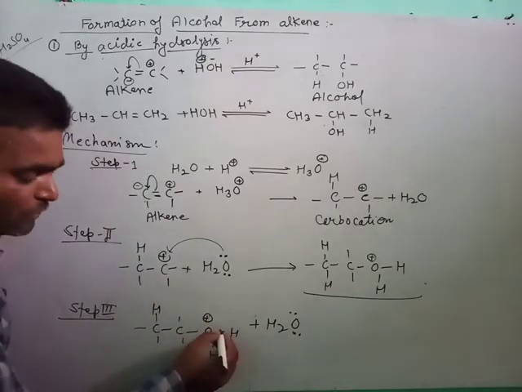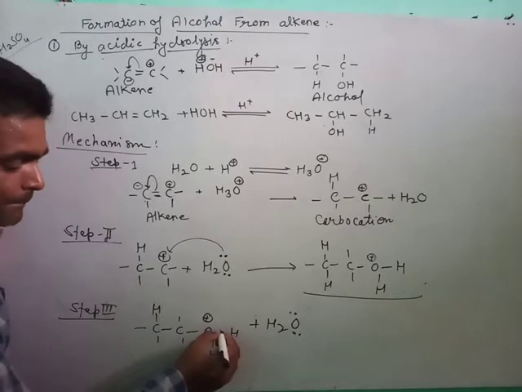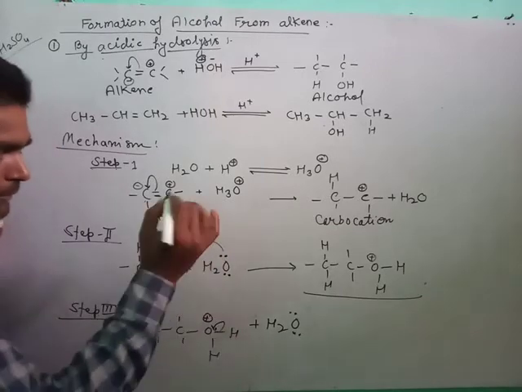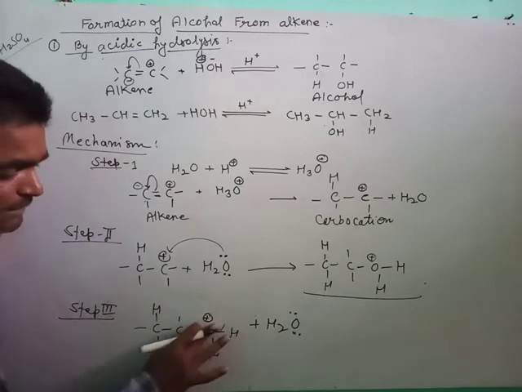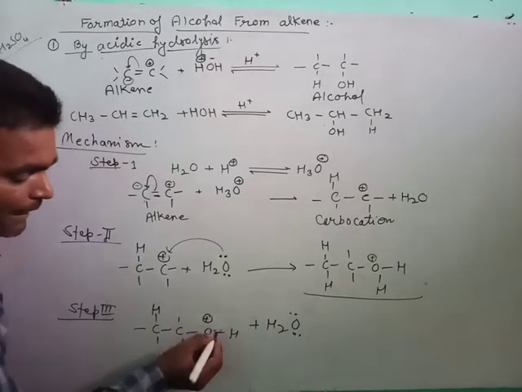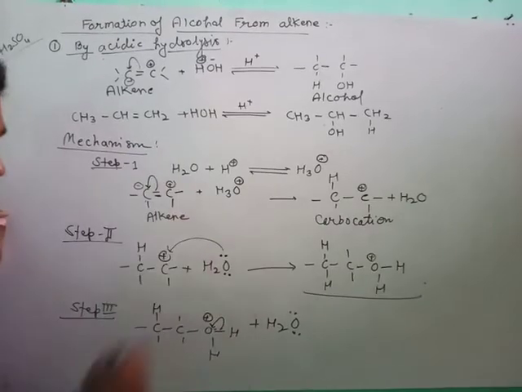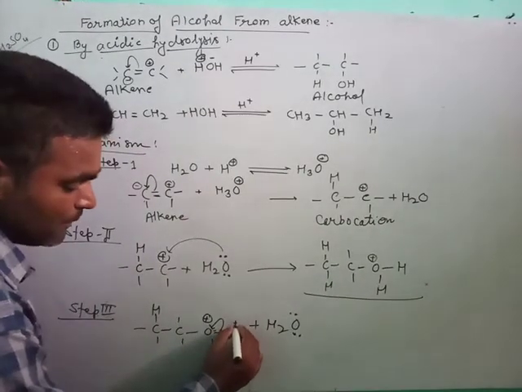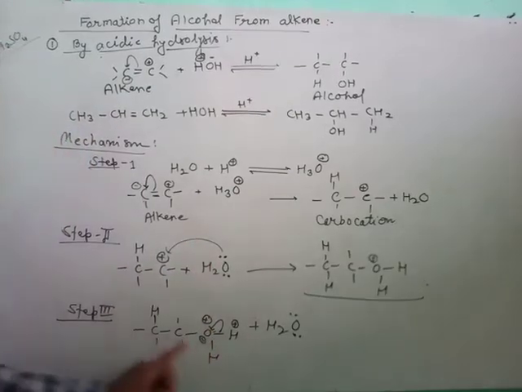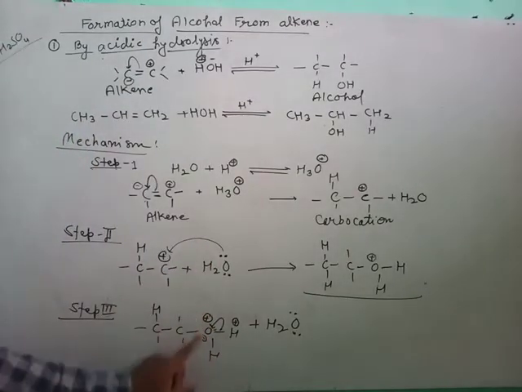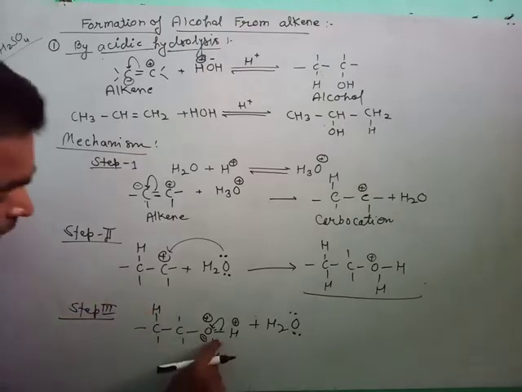So oxygen takes the electrons of this bond, and this bond is broken like this. So this hydrogen becomes positively charged and oxygen becomes negatively charged, meaning positive and negative, so oxygen becomes neutralized, and this bond is broken.